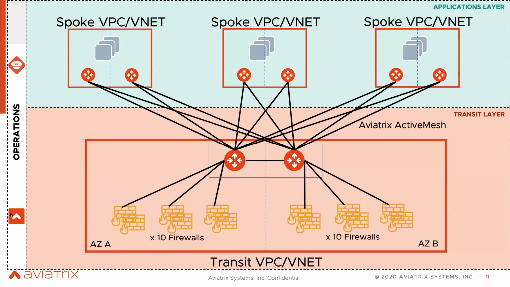And since we have this controller that is looking at all the VPCs, VNets, transit gateways, the route table, and also the health of these firewalls, we can easily take these firewalls out of the operation if one goes down and bring it back in. And same goes with our gateways, obviously. So if a gateway, for example, goes down, the traffic will be automatically routed through the other gateway and will go to the destination firewall.